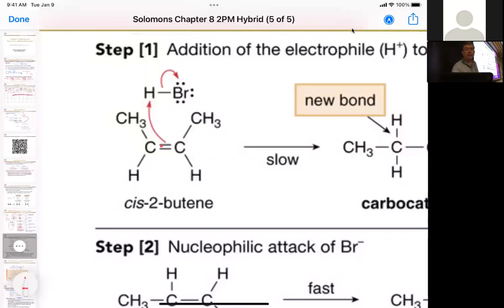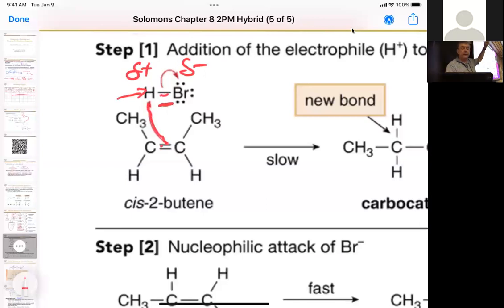Well, it turns out that this is a polar bond because hydrogen is not as electronegative as bromine. And so we have a partially positive side over here, partially negative side over here. So what's going to happen is that hydrogen is now our electrophile.